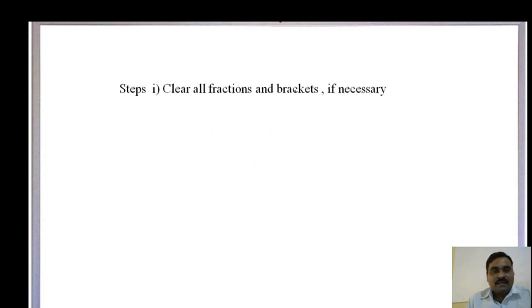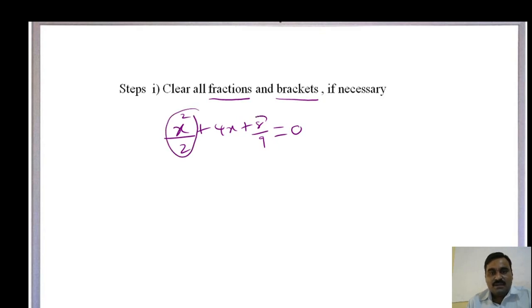First, clear all the fractions and brackets which are involved in the given equation. For example, x square by 2 plus 4x plus 8 by 9 is equal to 0. Here we have a fraction, and here we have a fraction.